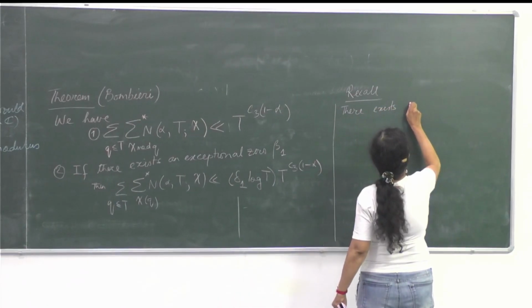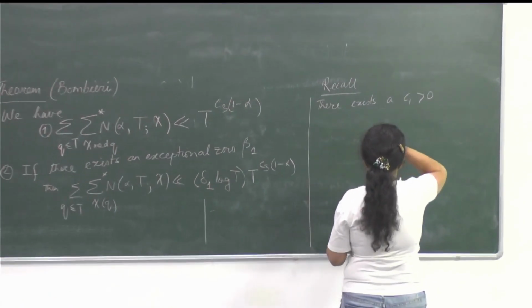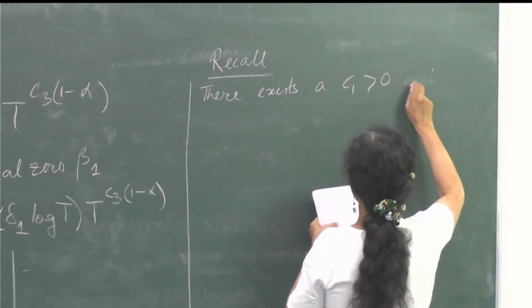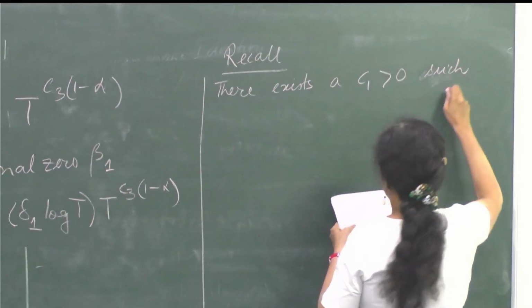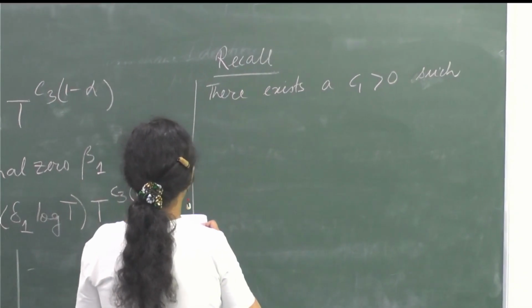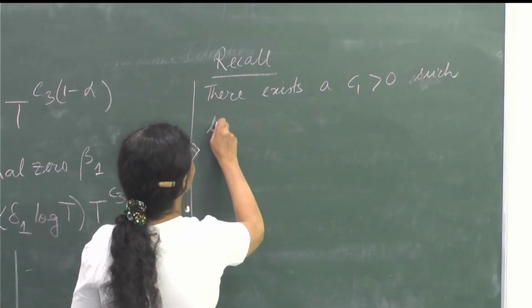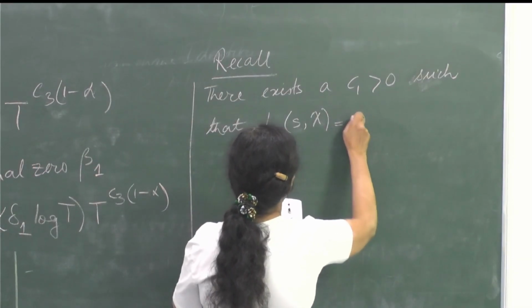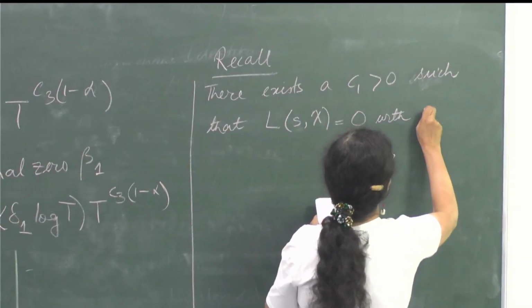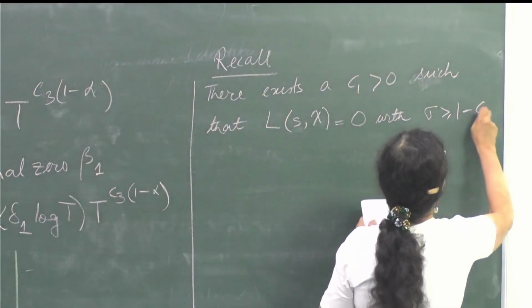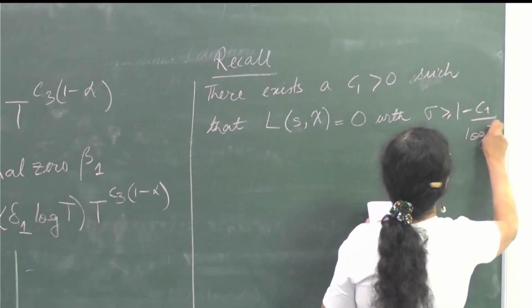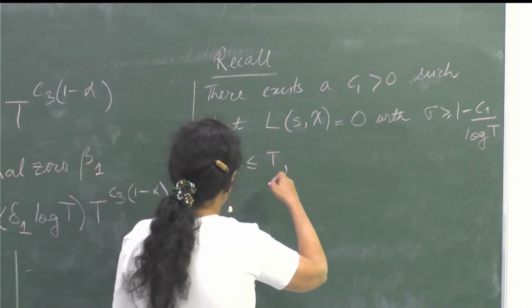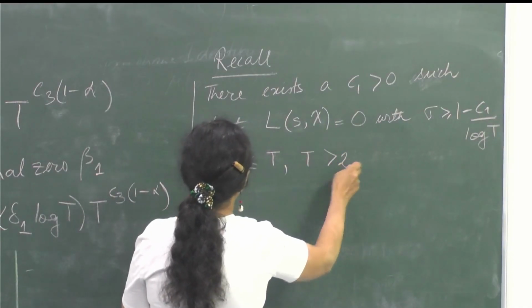So if there's a C3, then there should be a C1. You have seen this, but we will repeat it. There exists a constant C1, which is positive, such that L(s, chi) is 0 with sigma greater than or equal to 1 minus C1 by log T, where T is less than some capital T but greater than 2.